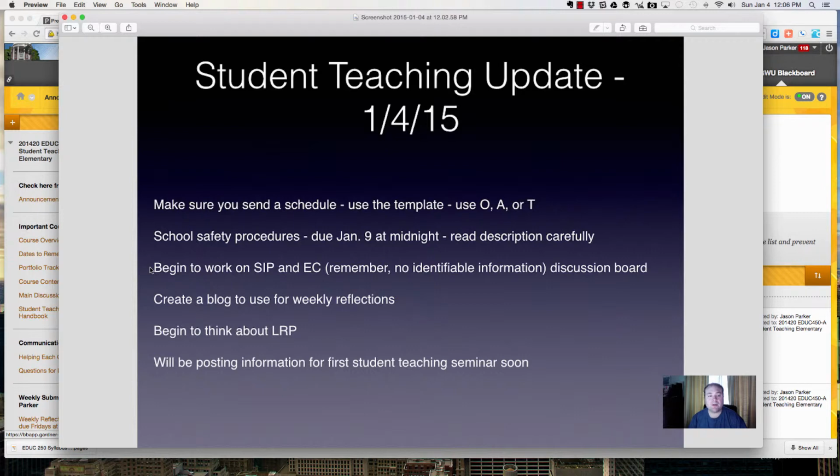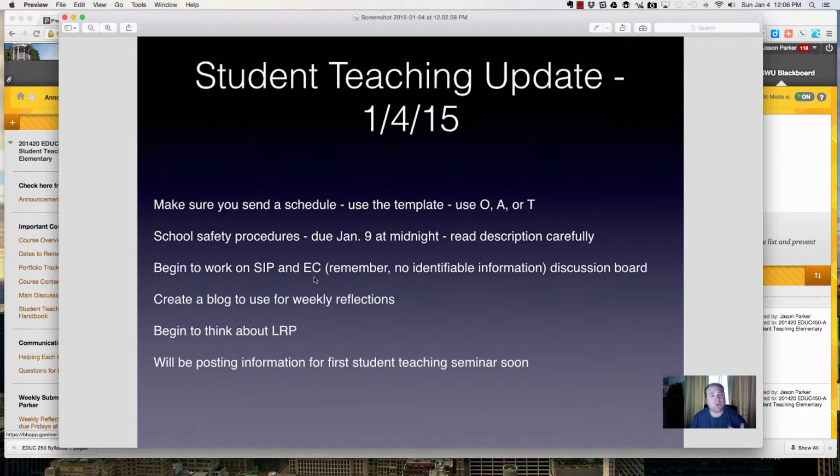You have two other discussion boards that are due before your first student teaching seminar, which is coming up very soon. That is the School Improvement Plan discussion board as well as the EC, for exceptional children, discussion board. Those are due a little bit later, but you need to start working on those now, and it's very important for you to remember not to include any identifiable information within the EC discussion board post.